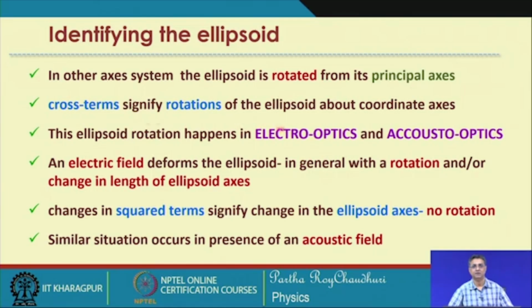That is, under some field the ellipsoid will be distorted, will be deformed, and then we will have to rotate it, or give some transformation, so that we get back the principal axis system, and we can see how the principal refractive indices have changed in the new coordinate system. So, that is the basis, and we will be mostly discussing electro-optics and acousto-optics on this basis. That is why this discussion is very useful and very important.